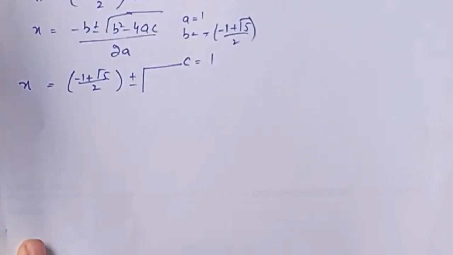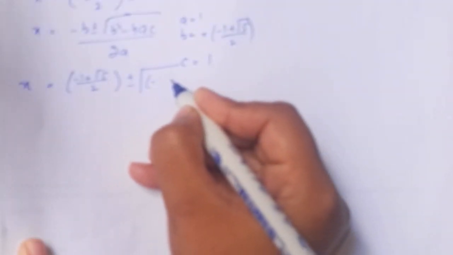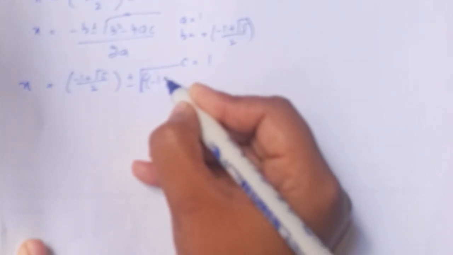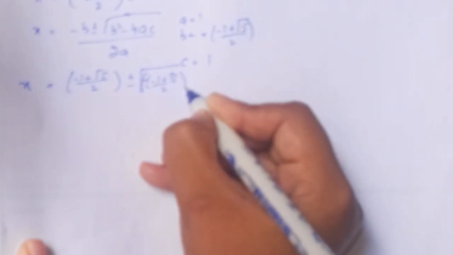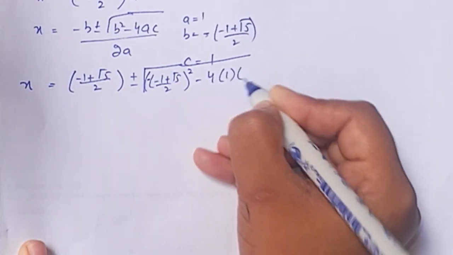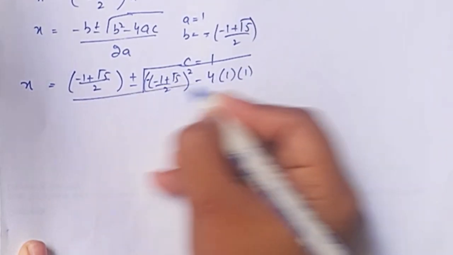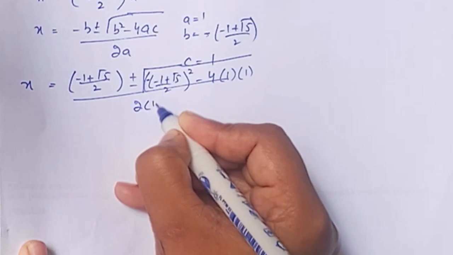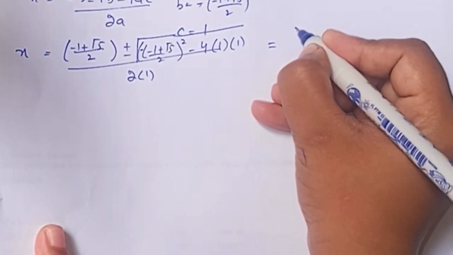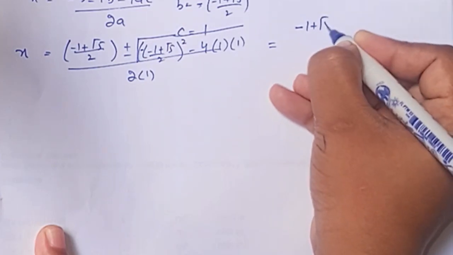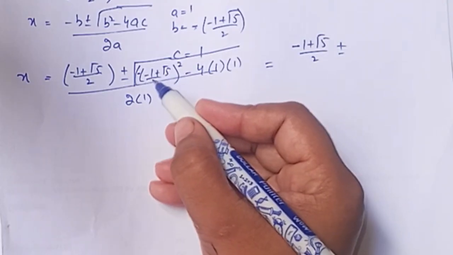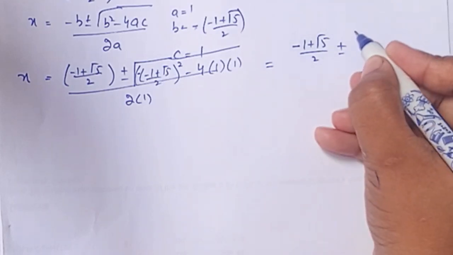b. B is minus 1 plus square root 5 over 2, take a square, minus 4 times a is 1 and c is also 1, over 2 times a, a is 1. This is equal to minus 1 plus square root 5 over 2 plus minus, here we apply a formula.